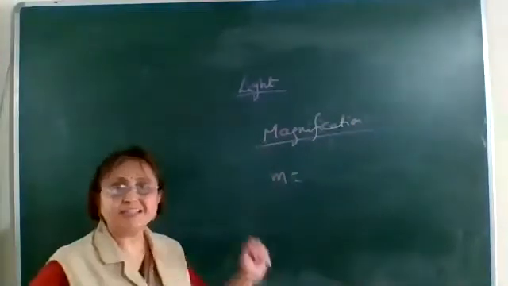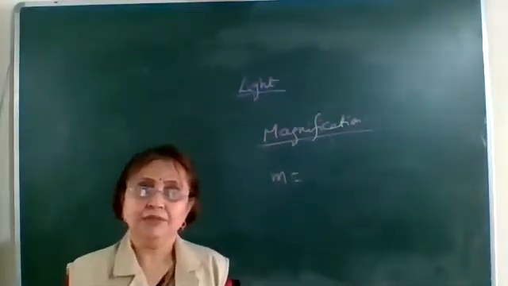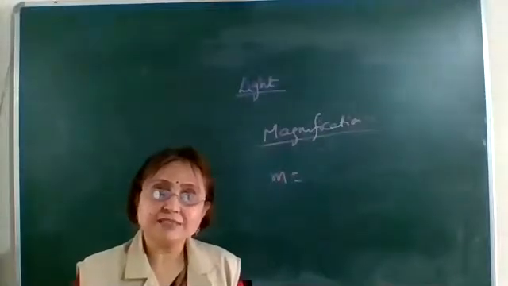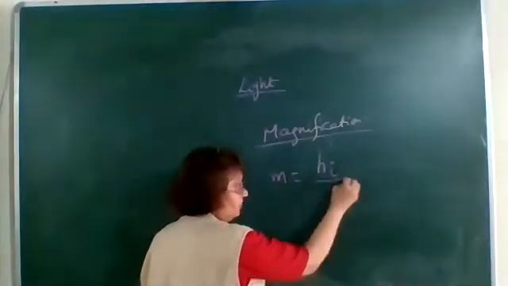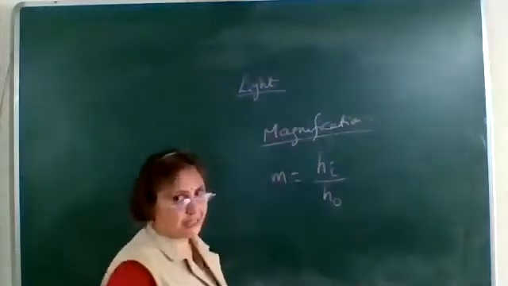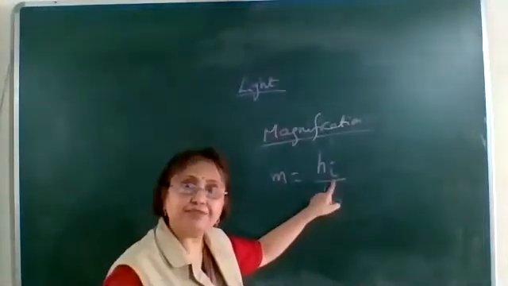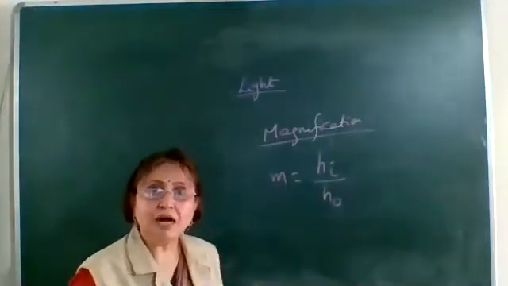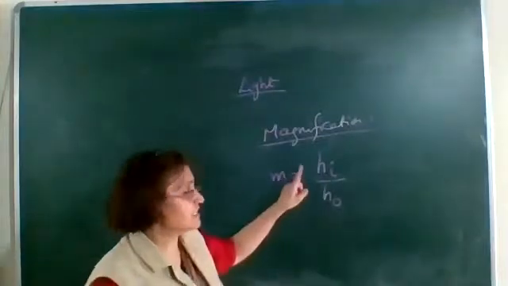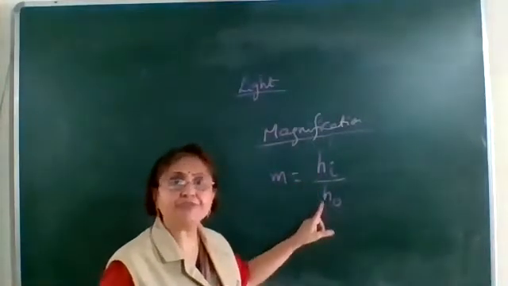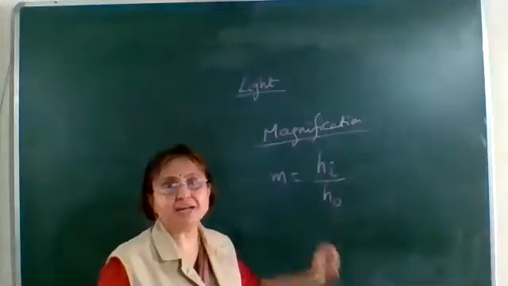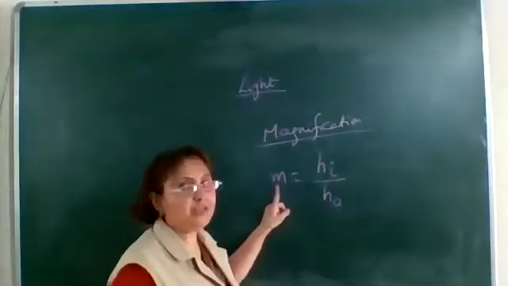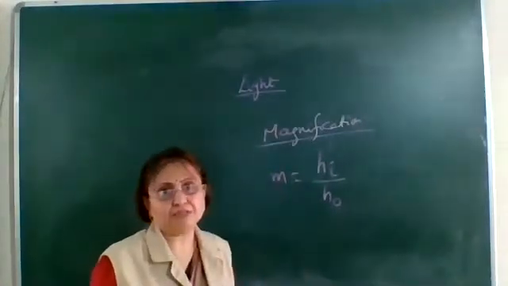It is represented by small m, and it is defined as the ratio of the height of the image to the height of the object. hi is the height of the image, ho is the height of the object. The height of the image divided by the height of the object we call magnification.